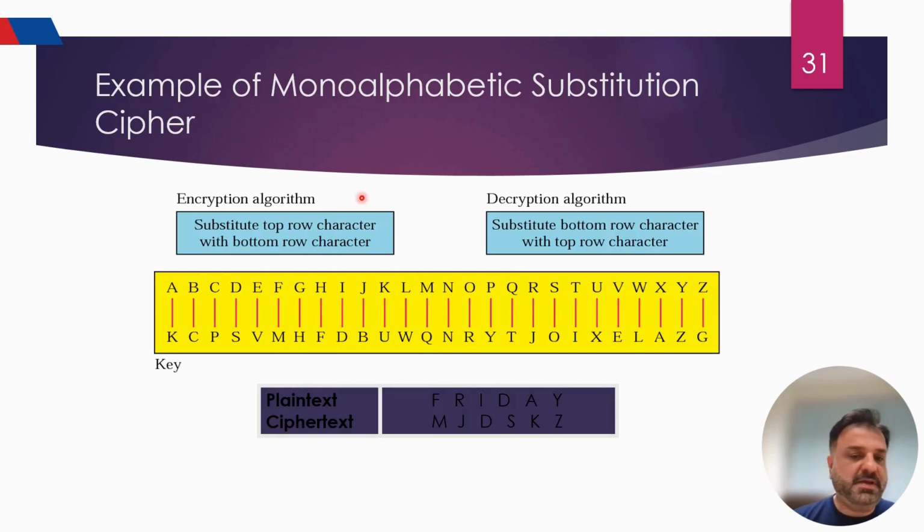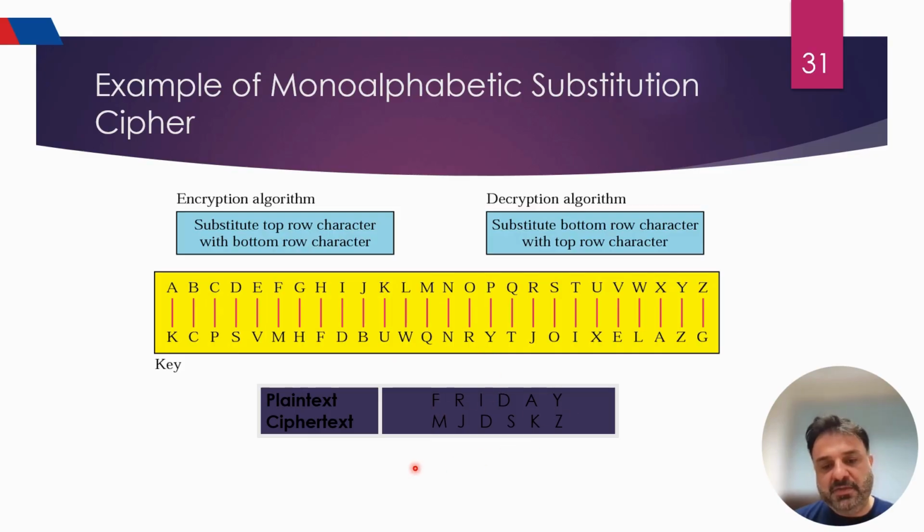For example, in encryption, A, B, C, D, E go to K, C, P, S, V, M, and so on. In the decryption process, we use the reverse function and change K to A, C to B, P to C, and so on.